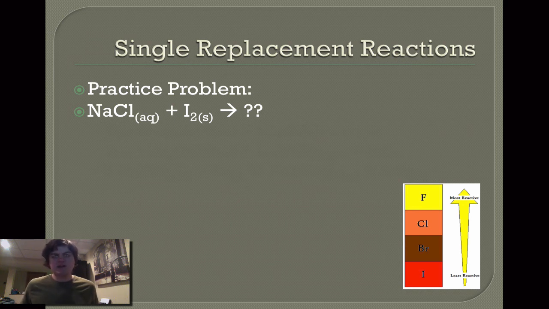Iodine is at the bottom. Iodine, when talking about halogens, is not very reactive. So all we would need to write for this problem is no reaction. Remember, if the lone element is less reactive than whatever it's trying to replace, it can't do it. There will simply be no reaction.